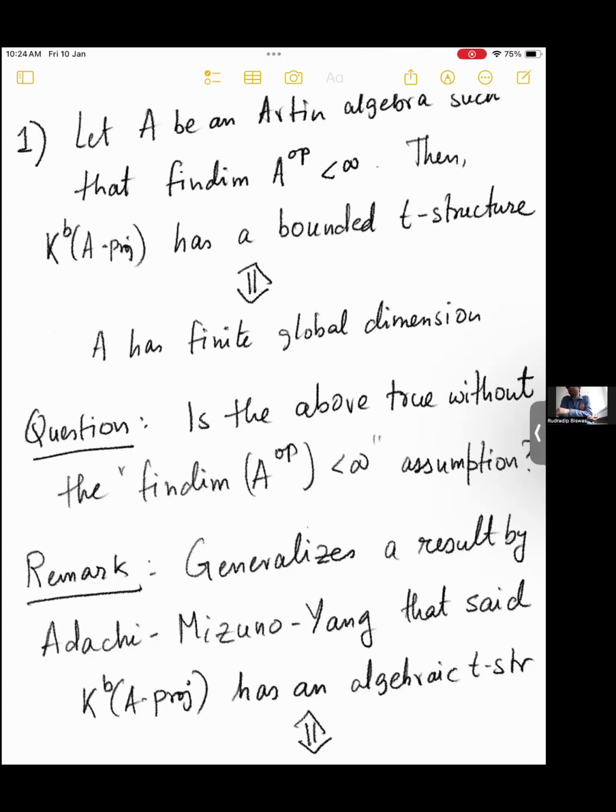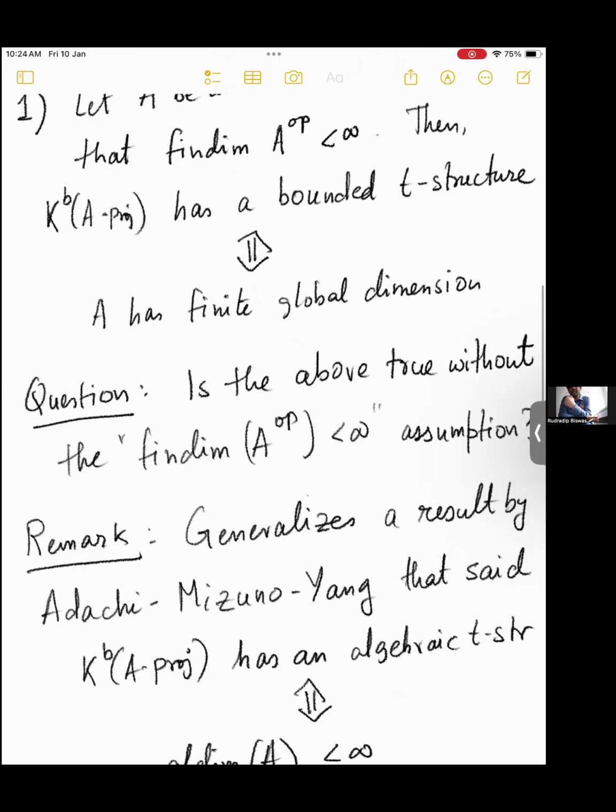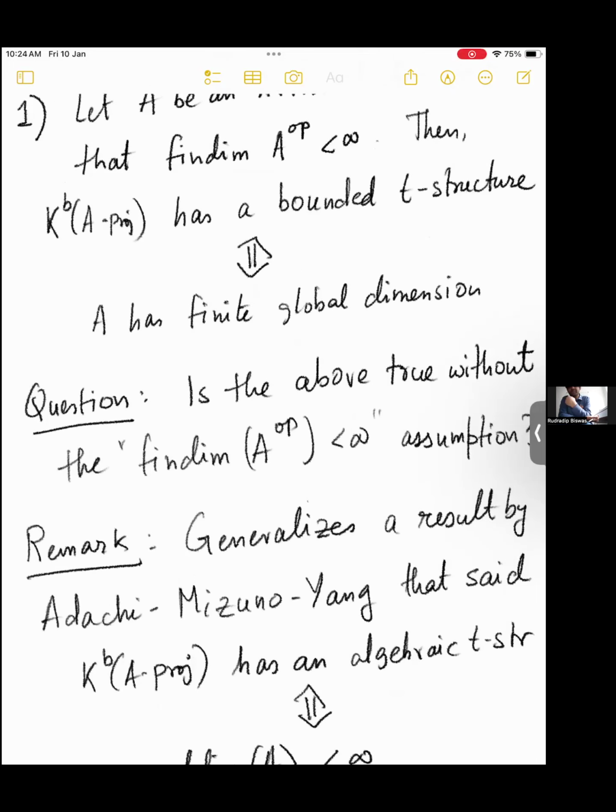But it turns out if your category has an algebraic bounded T structure, then the finitistic dimension of your category is finite. So actually, our result is a strengthening of their result. If you start from their starting assumption, you can reach the finite global dimension conclusion via our method also. I don't want to call it generalization, although I did write generalization.